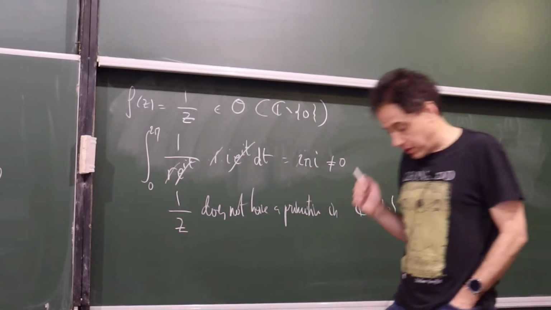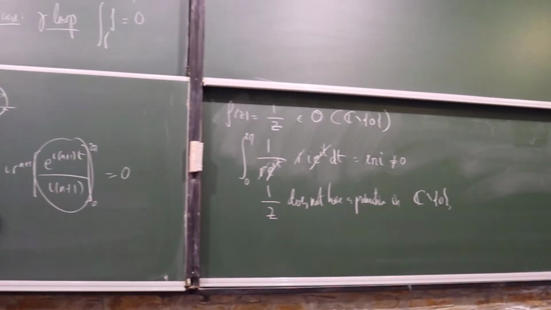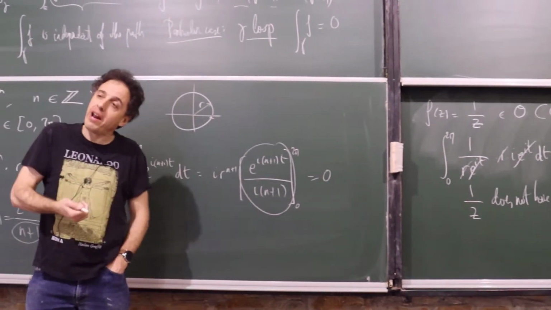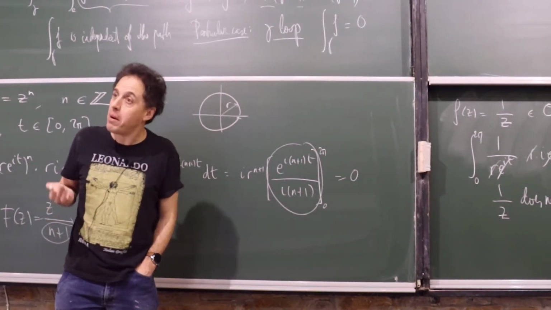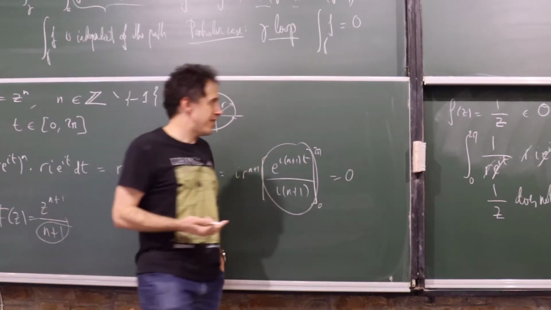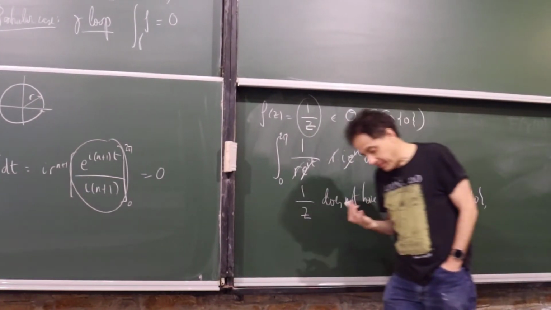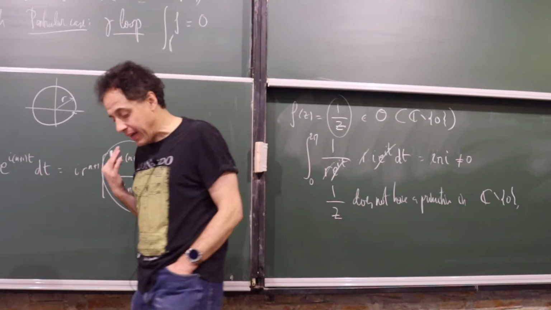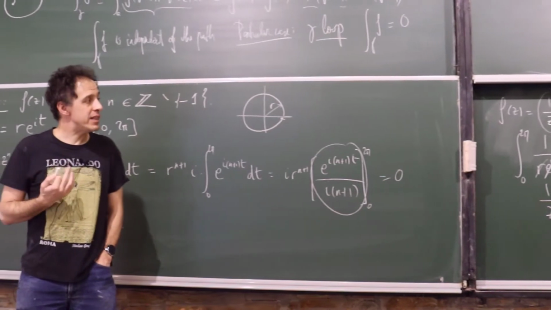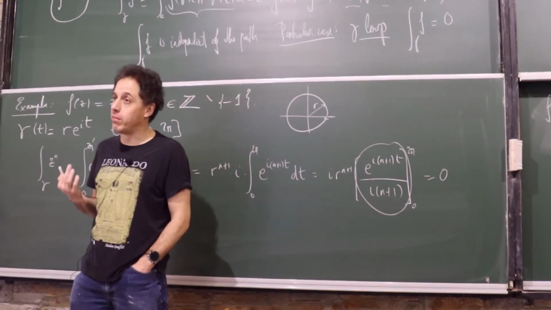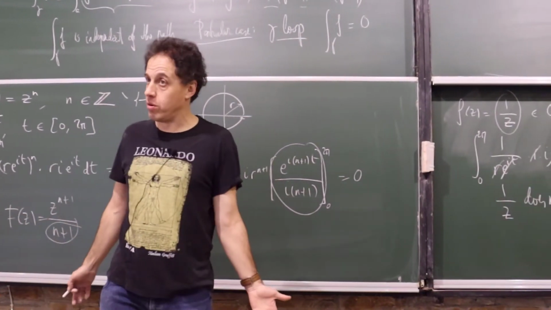In the first lesson I spoke a little bit about the difficulties of defining the logarithm. Well, we want the logarithm to be a holomorphic function such that the derivative must be 1 over z. So the logarithm might be a primitive of this function. So as a conclusion, no holomorphic logarithm can be defined in the whole complex plane except 0.